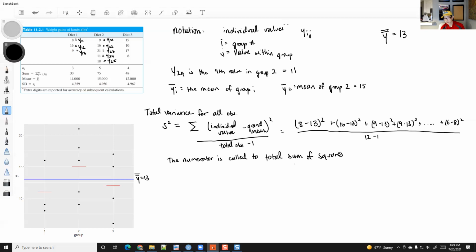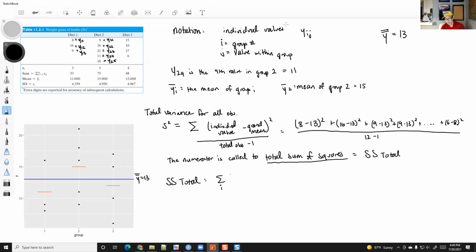I don't know if you've heard that term before, the total sum of squares, or we might call this SS total, okay? And sum of squares total, SS total, we can also just symbolically write it like this.